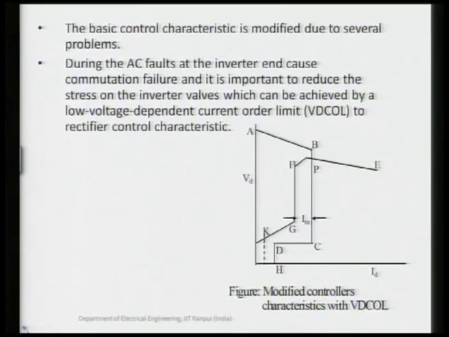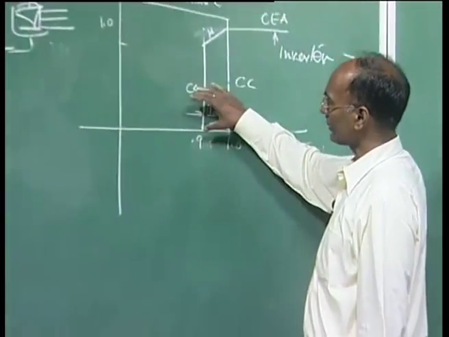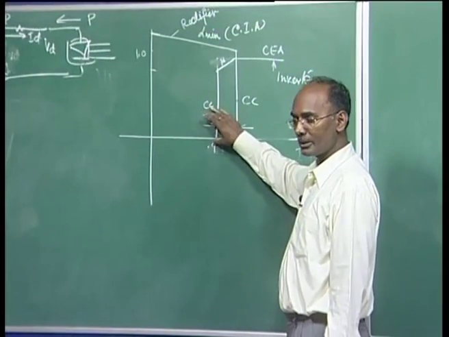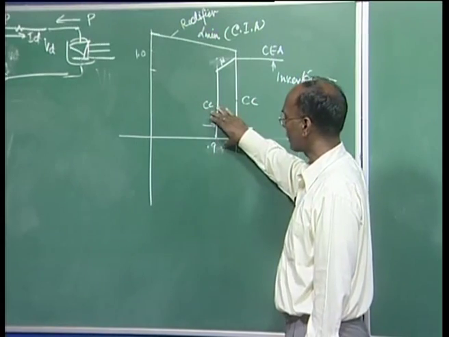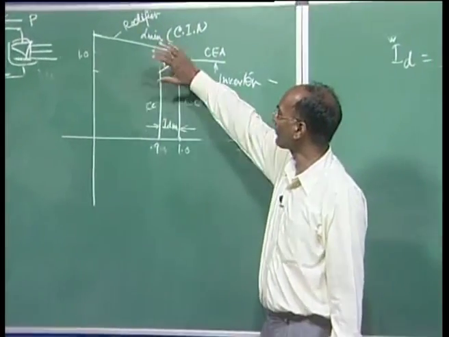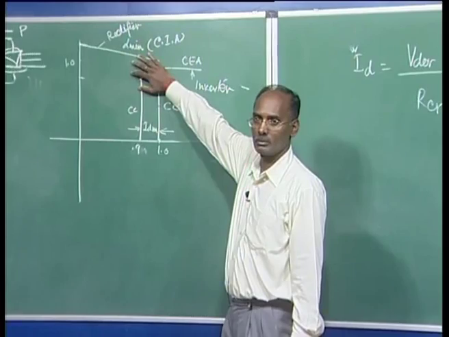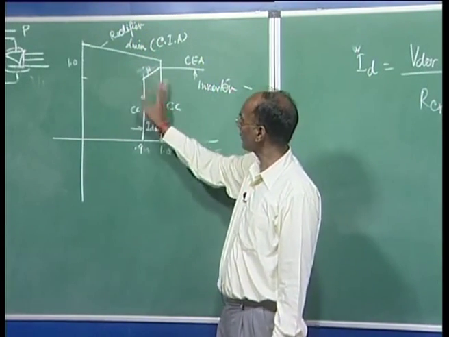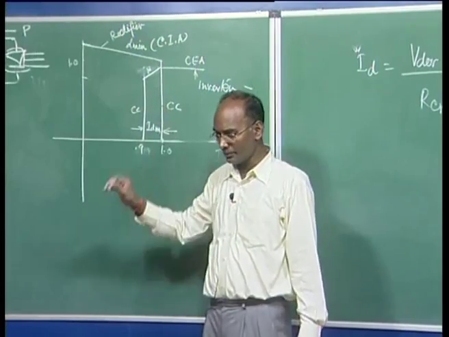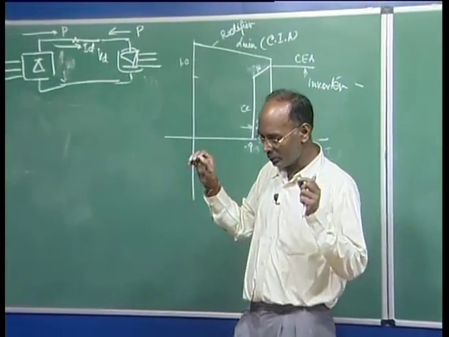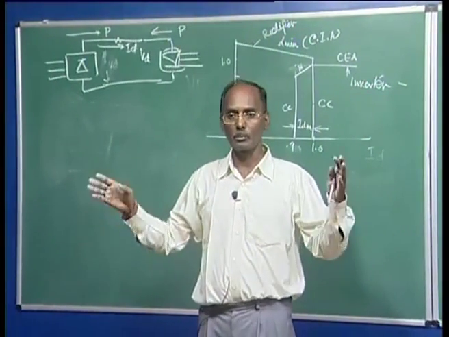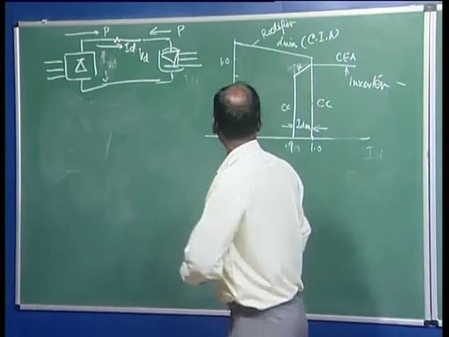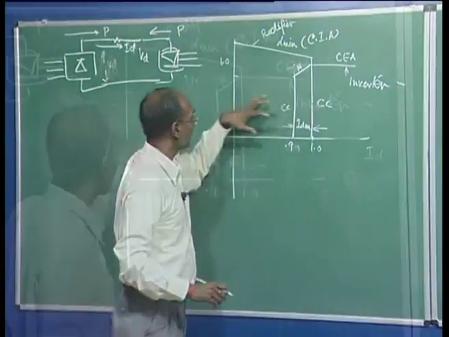Now, having the controller for low voltage is one of the major concerns, especially since it happens most of the time you are operating. Either this voltage is slightly going up and down, or there is a possibility of a huge short circuit fault at both ends, and the voltage has gone down.